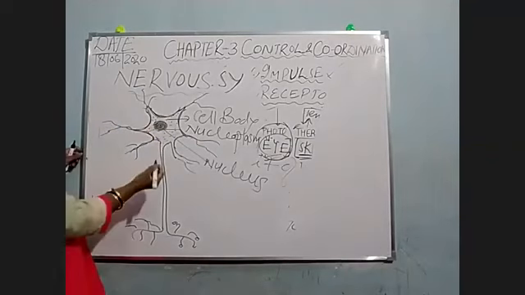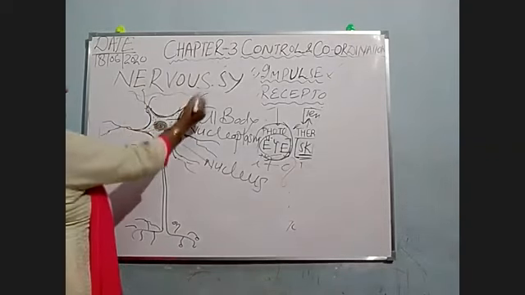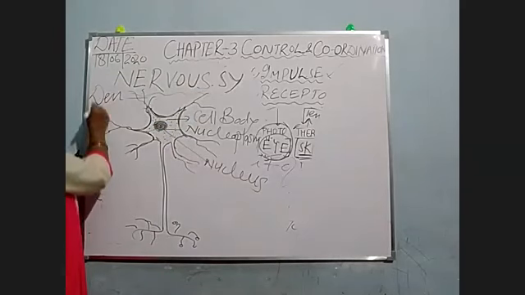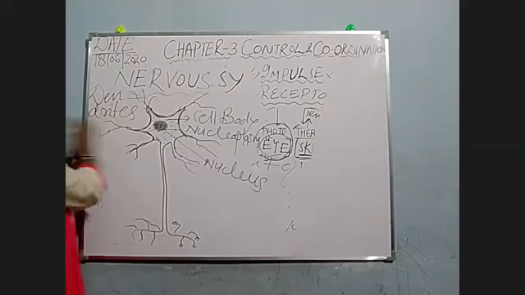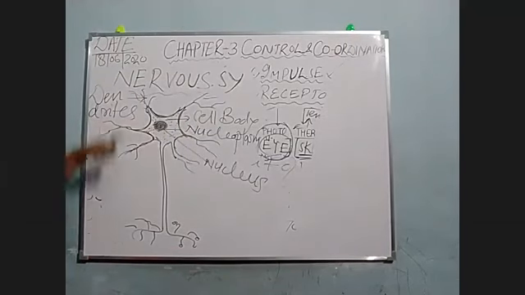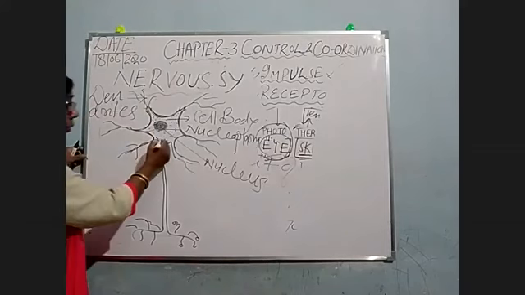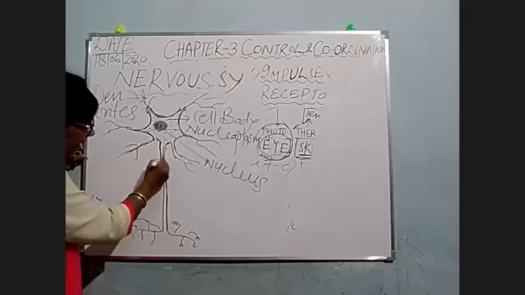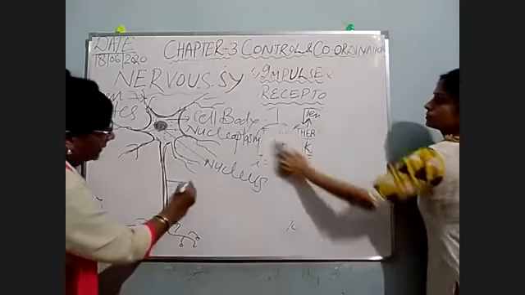From this cell body, finger-like projections are coming out. These are called dendrites. In the lower portion of the cyton, a single cord-like structure goes down, which is called the axon.